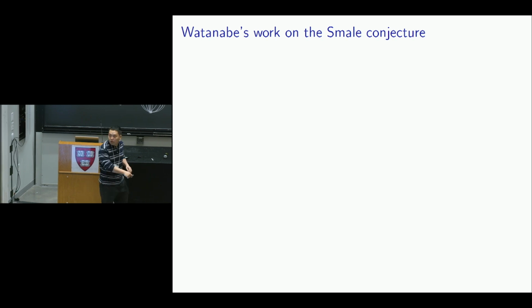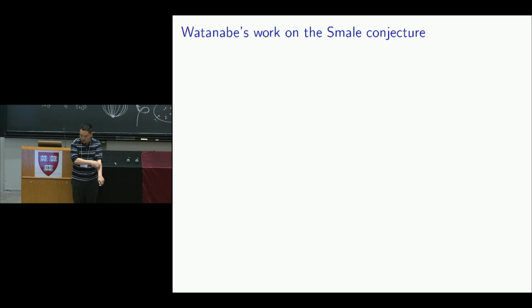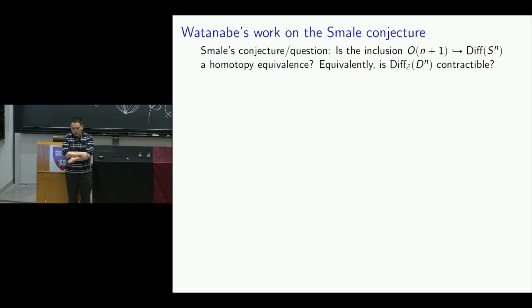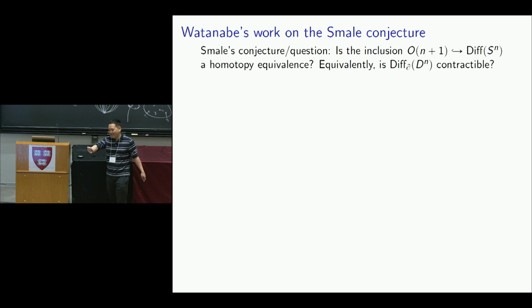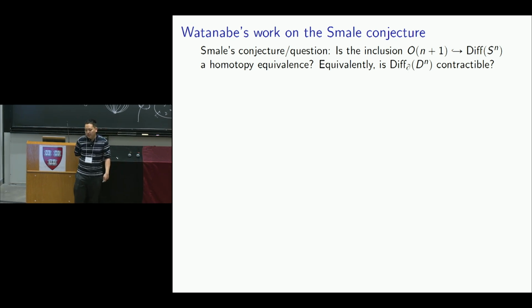Okay, now let's move on to the work of Watanabe on the Smale conjecture. I think I'll call it Smale's question, because I'm not sure whether Smale actually conjectured this or had a conjectural answer. So the question is: is the inclusion a homotopy equivalence?